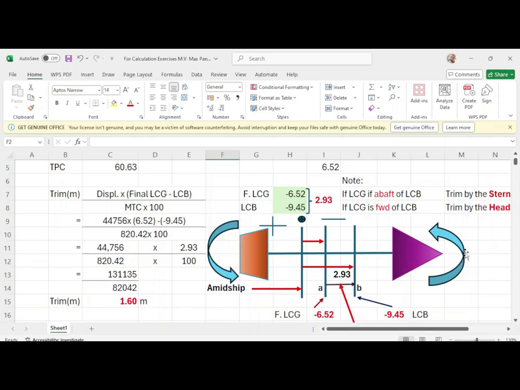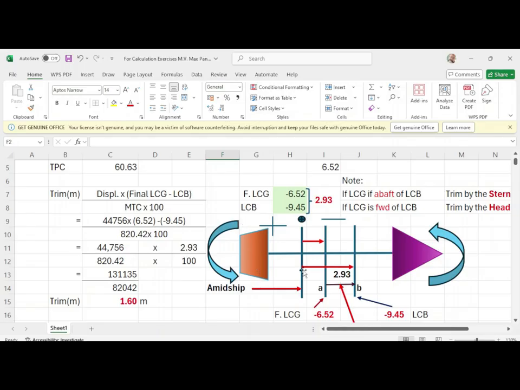It will force the vessel to rise up. But in the stern or the after part, because of the weight of this vessel exerted by the gravity or LCG, the tendency of the stern is to sink. Like this direction, it will sink. Meaning you will have more drop on the up part of the vessel.